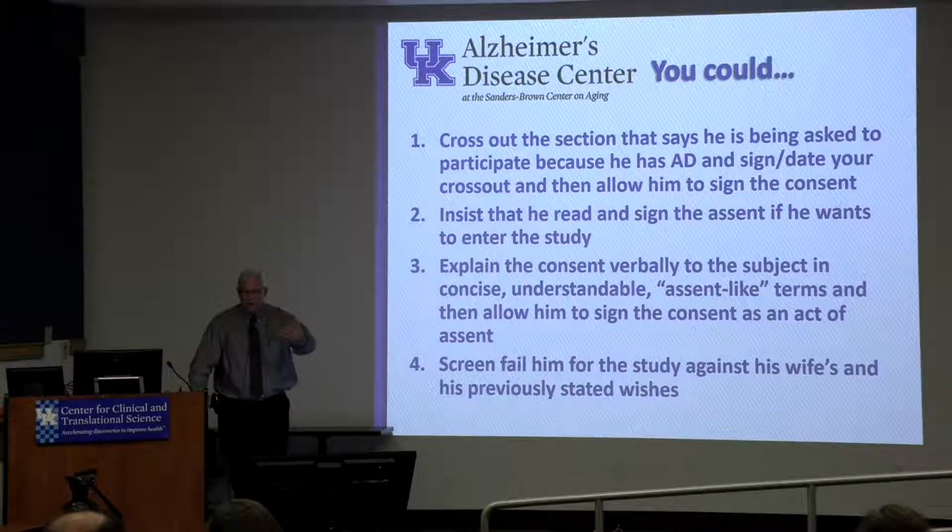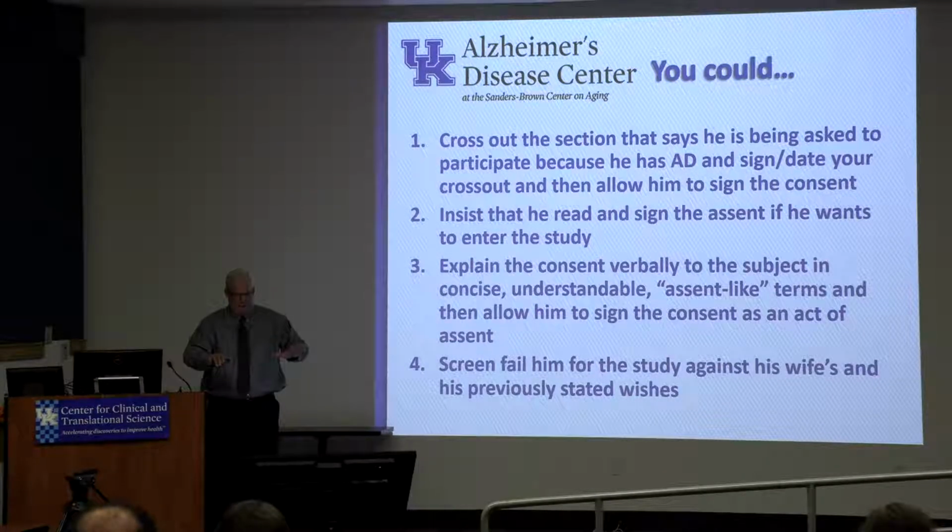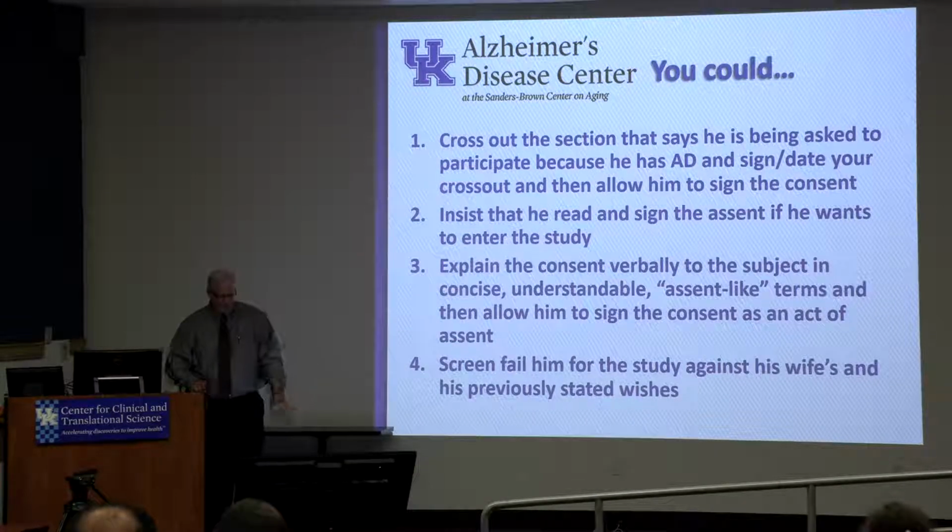File this afterwards with the IRB as a protocol deviation explaining that his impairment was such that he is unaware of his Alzheimer's disease state. Now, that is a protocol deviation, but it is one way to make this gentleman certainly happy, and his wife's just saying, just do what he says, you're not going to win this one.